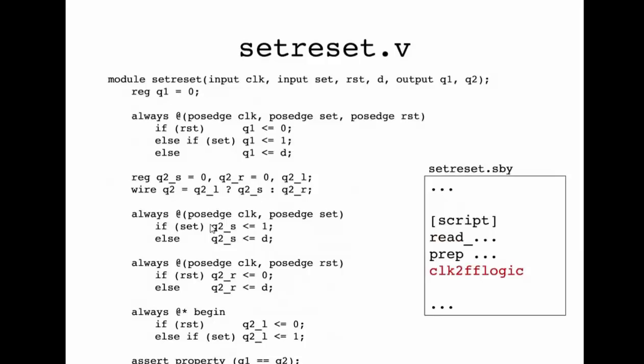So what the tool does, it generates one flip-flop with an asynchronous set and another flip-flop with an asynchronous reset. And then it implements a latch that remembers if the last asynchronous event was a set or a reset. And this latch output is then used to select which flip-flop output is used, the one of the flip-flop with the asynchronous set or the one with the asynchronous reset.